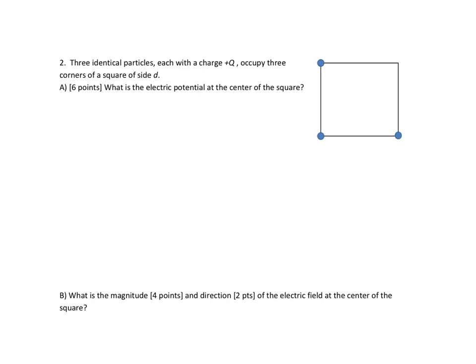For this problem, we are going to apply the fundamental rule for the potential of a point charge. So we have 3 point charges here, and remember that the potential at a certain point due to a point charge is given by this formula.